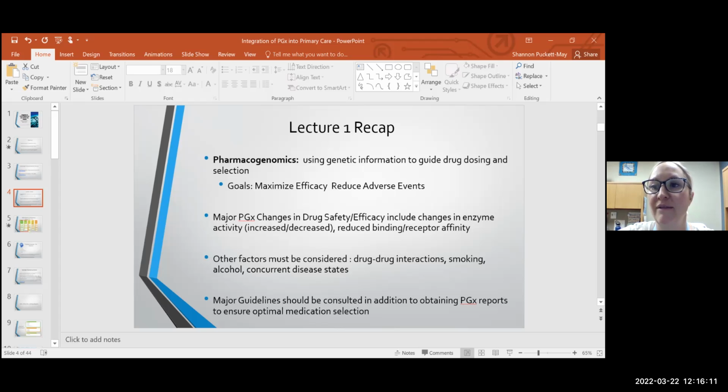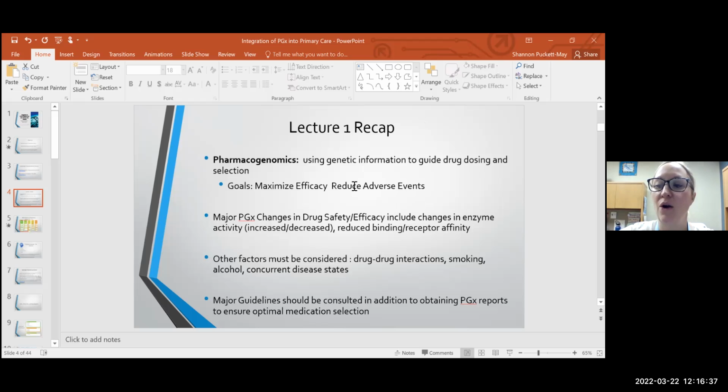There are the genome-wide association studies that we looked at. I showed you the differences between what a genotype and associated phenotype means. Major changes would be patients who are poor metabolizers or ultra rapid metabolizers, which we also have some receptor affinity changes, transporter changes, which have lower levels of evidence.